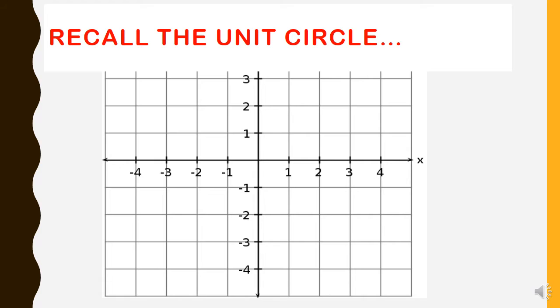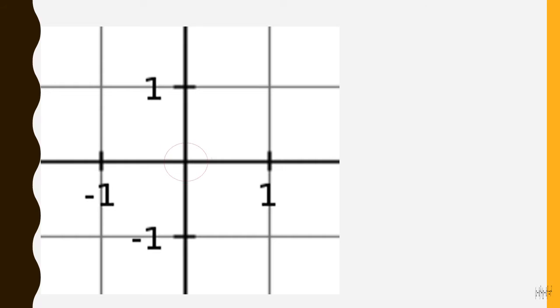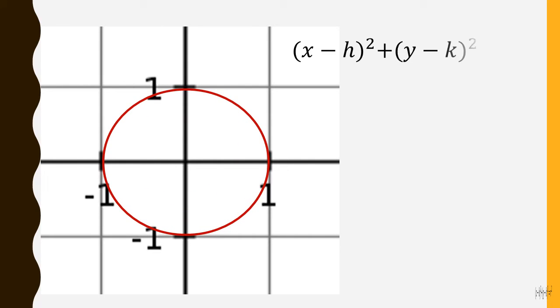First, we recall the unit circle having a radius of 1 and center at the origin. Magnifying this, our circle is like this. In center-radius form, we have this equation of a circle.